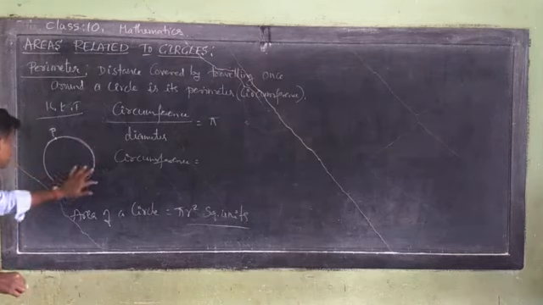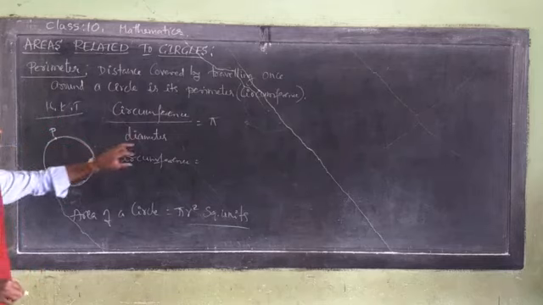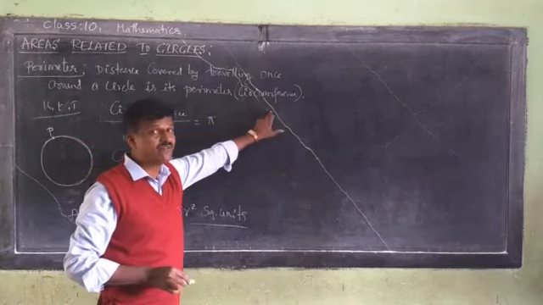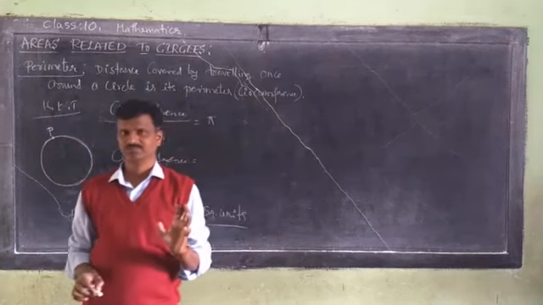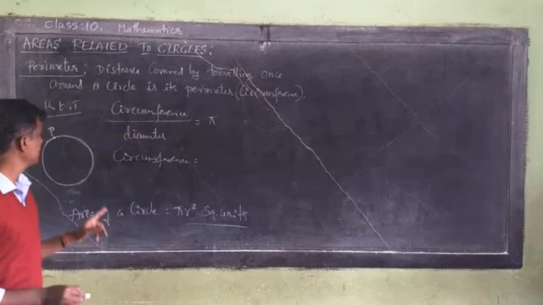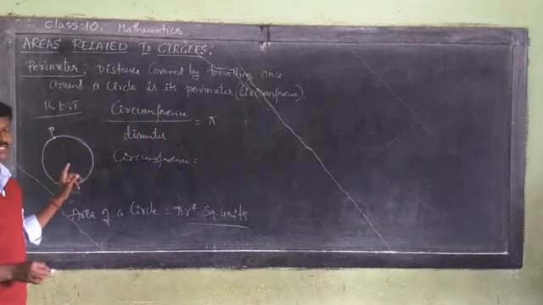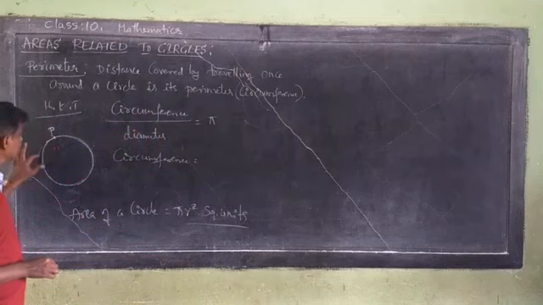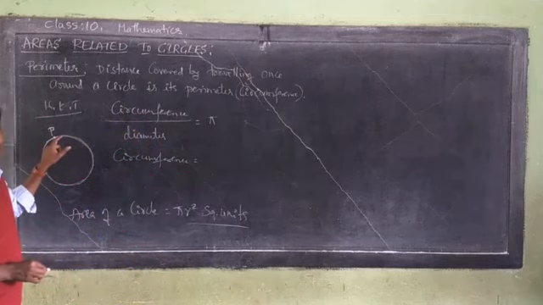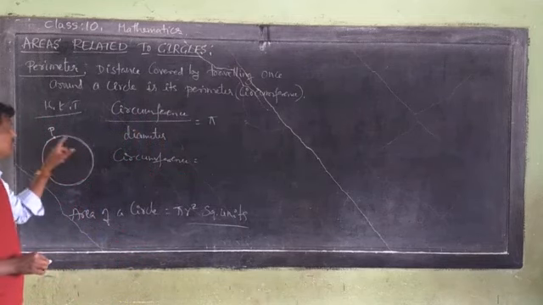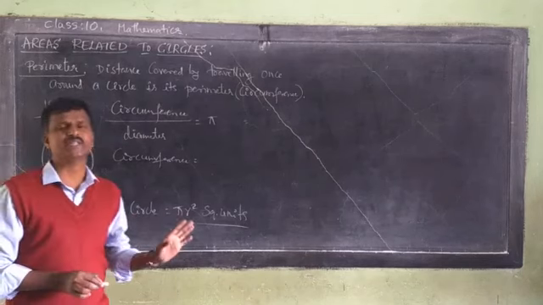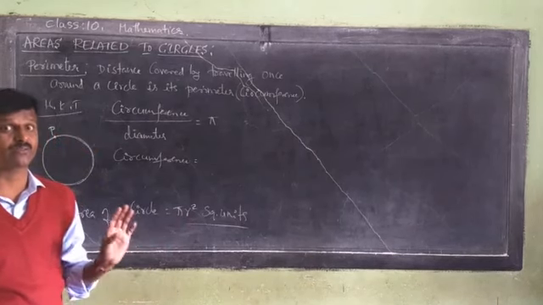This distance covered is called the perimeter or circumference of the circle.